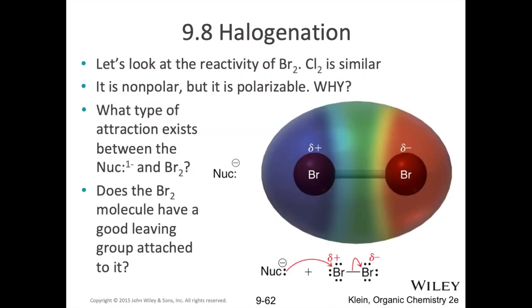So how does halogenation work? Well, our halogens are nonpolar molecules. We've got two atoms that have equal electronegativity. However, when we're looking at these large halogens, especially bromine, they're very squishy, to use a non-technical term.